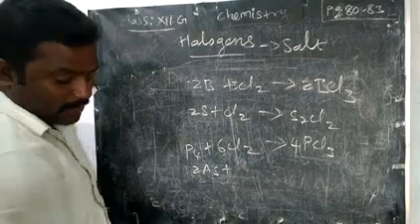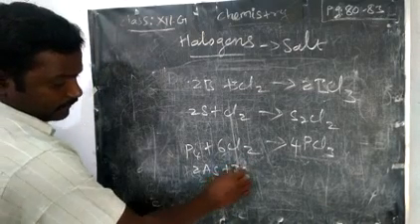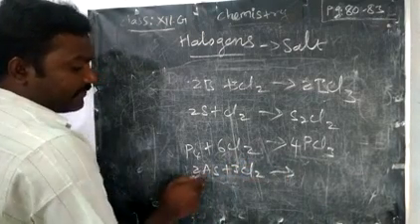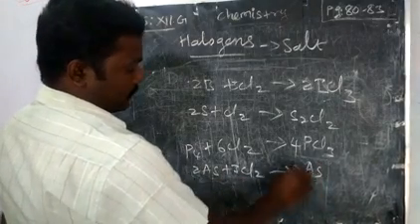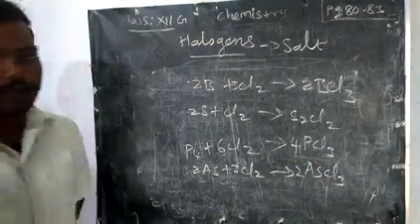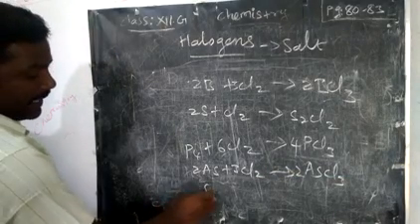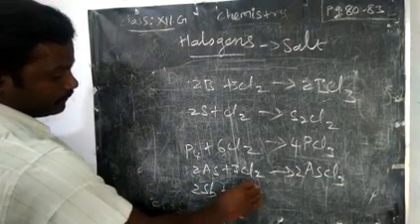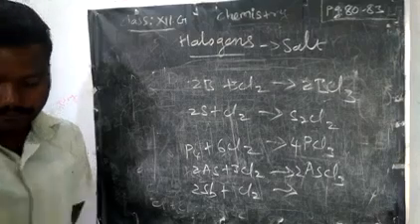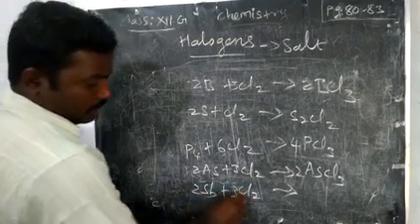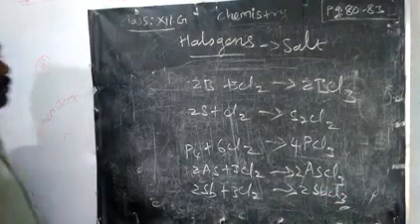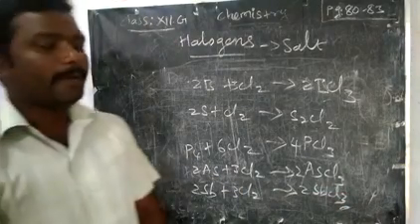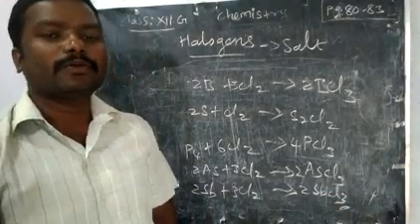How many Cl3? The oxidation state of arsenic is plus 3. That's why we have to take 3. Arsenic chloride. At last with antimony, it will give antimony chloride. So the remaining chemical properties we'll see in the next video. Thank you.